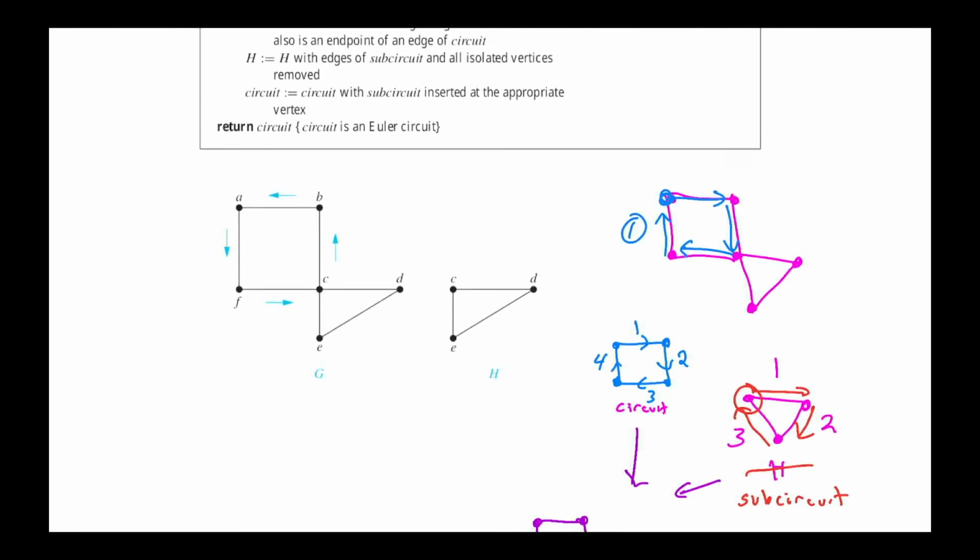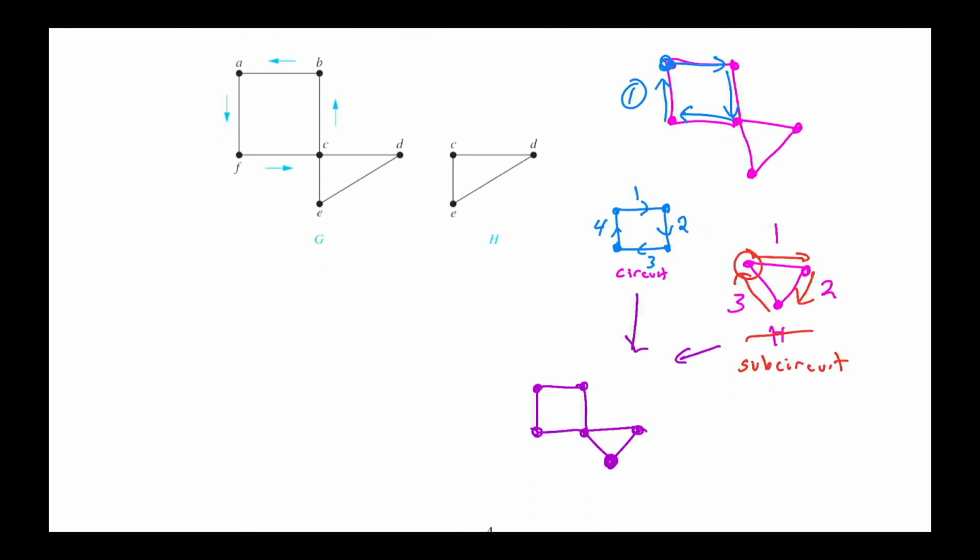So you're going to start here where we started before. You trace around the edges. So you go here and then here, but then you end up at this vertex. This was the vertex where these were connected. So once you end up here, instead of continuing around to 3 and 4, what you do is you start tracing this one around. 1, 2, 3. So you go 3, 4, 5.